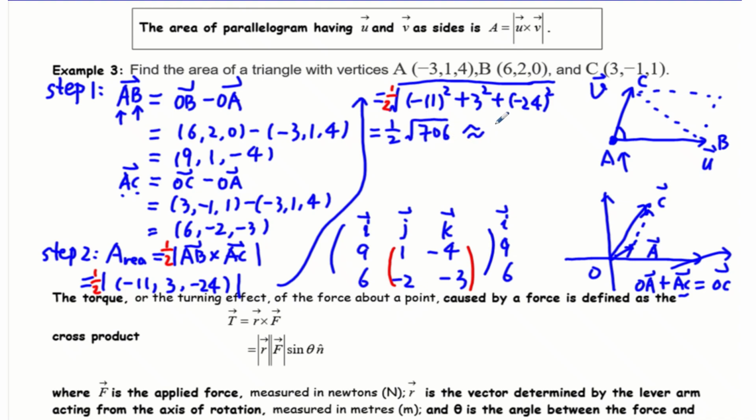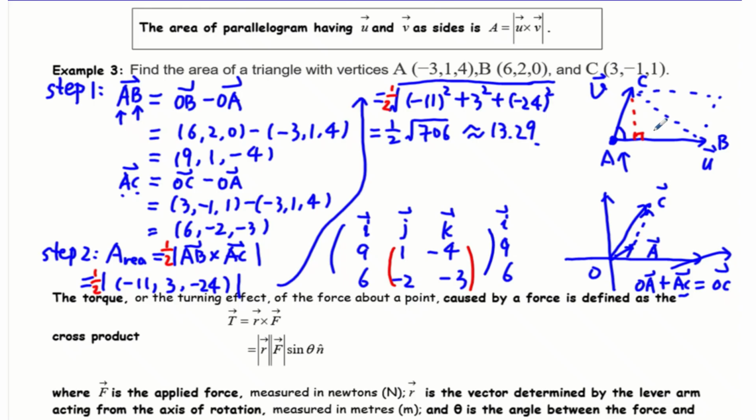Then approximately 13.29. So this is the area of a triangle, and you will see, using the cross product, it is a little bit easier for us to find the area right away instead of using the triangle.